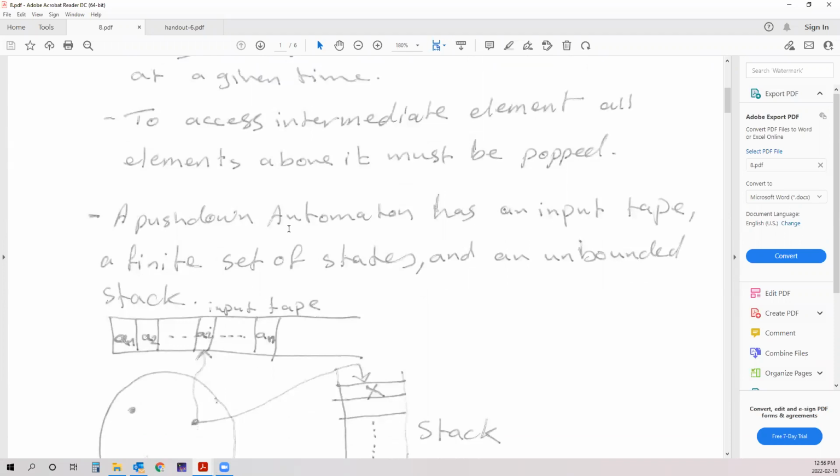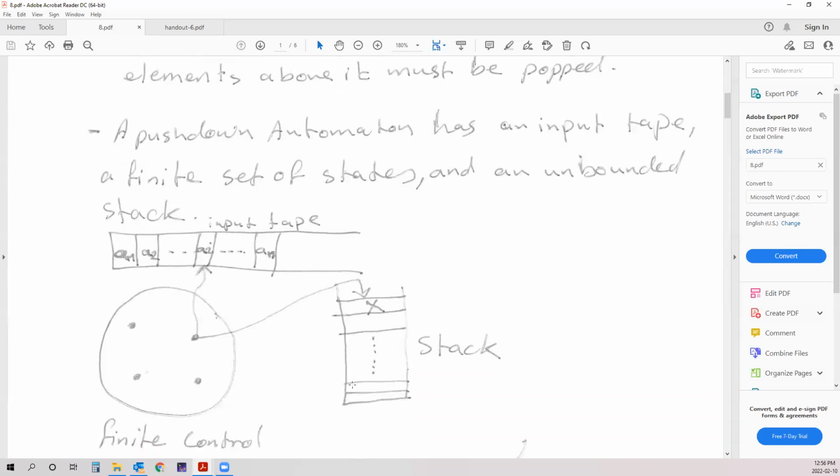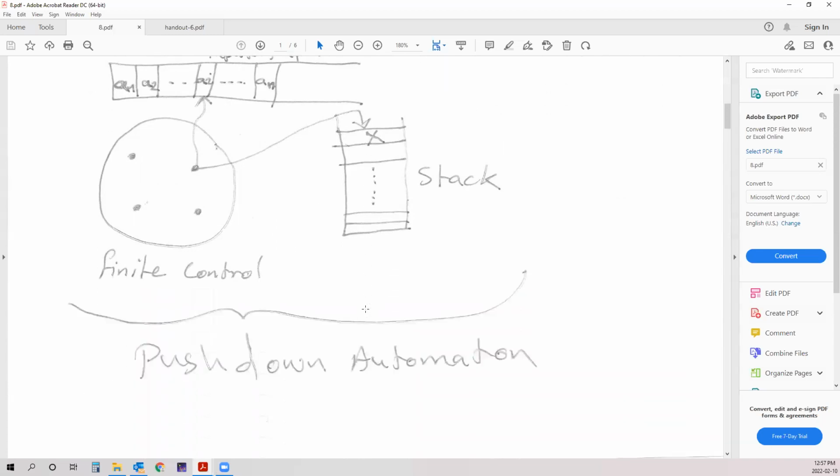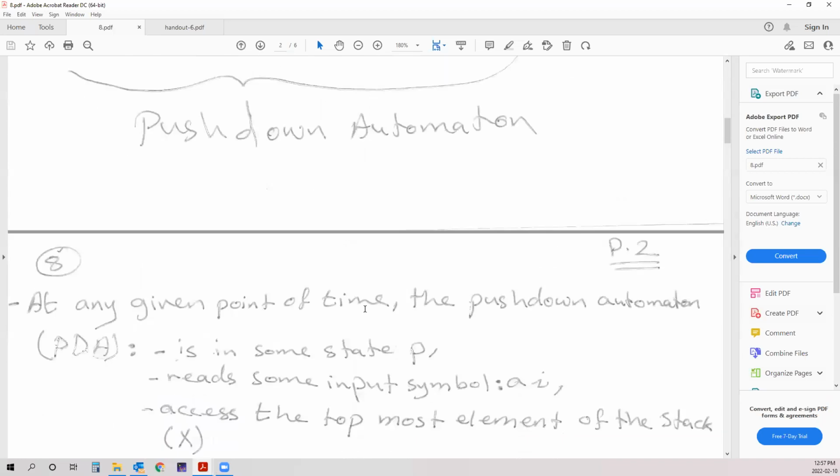A pushdown automaton has an input tape, a finite set of states, and an unbounded stack. From the input tape side, we can access A1, then we move to A2, then Ai, then An. In the stack, this is the first bottom element, and X is the topmost element. This is the pushdown automaton.